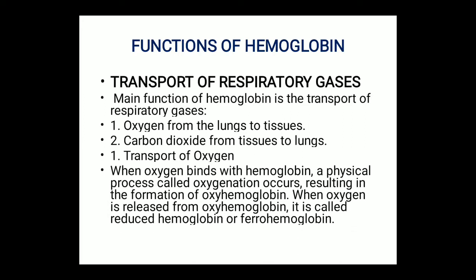When oxygen binds with hemoglobin, a physical process called oxygenation occurs, resulting in the formation of oxyhemoglobin. When oxygen is released from oxyhemoglobin, it is called reduced hemoglobin or ferrohemoglobin.